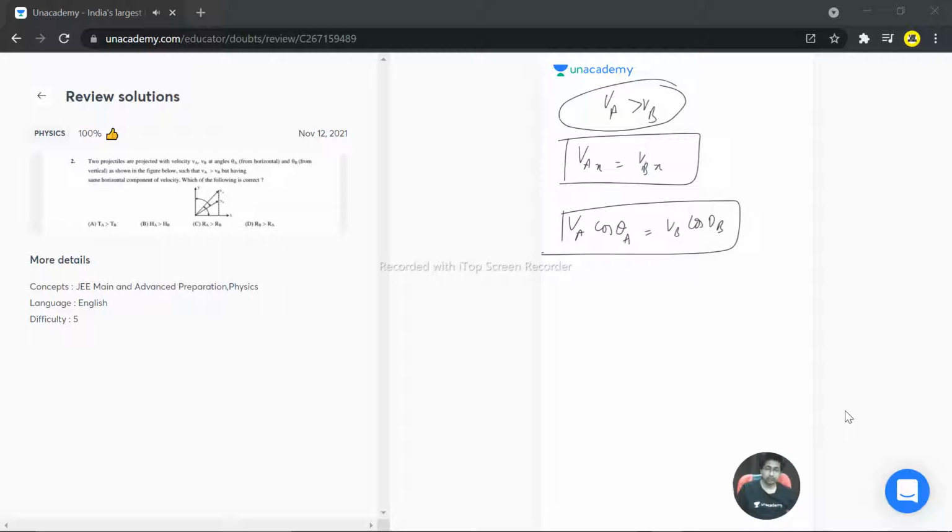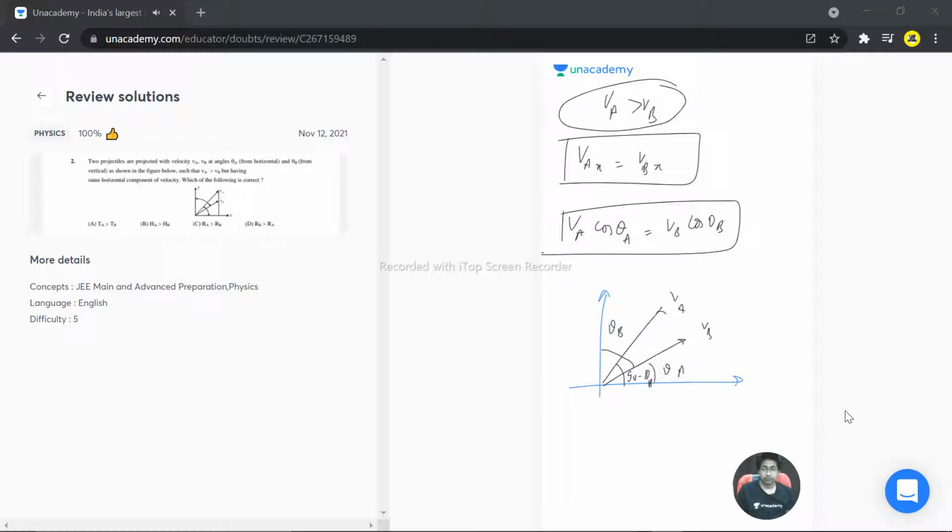The given diagram is something like this. These are the velocities. This is VA, this is VB, this is theta A, and this is theta B. If this is theta B, then this should be 90 minus theta B, correct? Theta A is from the horizontal, so let me correct this a little bit.